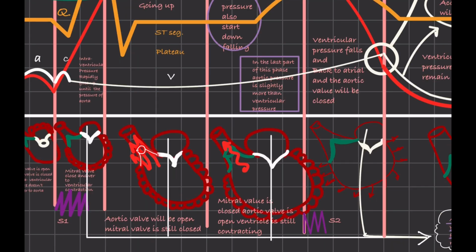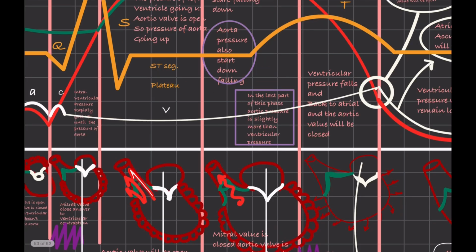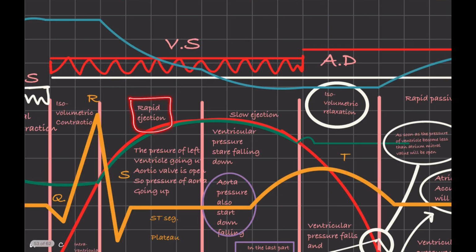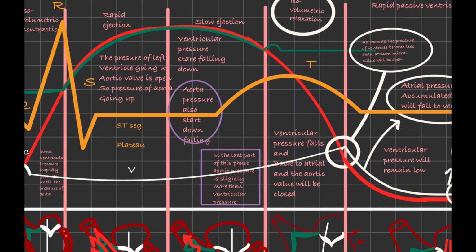in a healthy heart. With the aortic valve open, blood is rapidly ejected into the aorta. This is the rapid ejection phase. And in a healthy person, the aortic pressure rises to around 120 mm of mercury by the end of this phase.